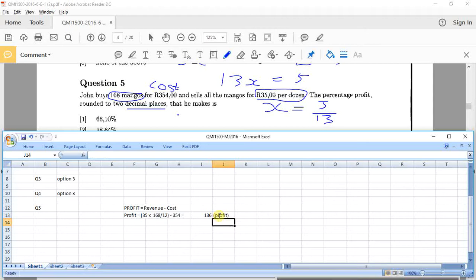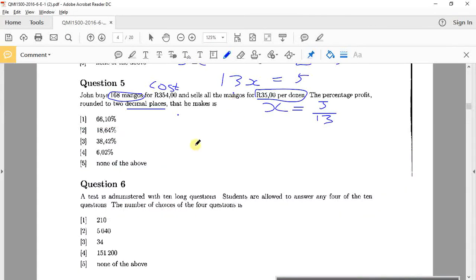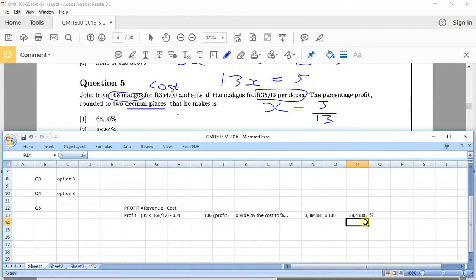Percentage profit means divide by the cost to get the percentage. So how much percent profit did he make? This divided by the 354 which he spent. 38.41 times 100 gives you the percentage. So he made a 38.42% option 3 profit on his mango business.